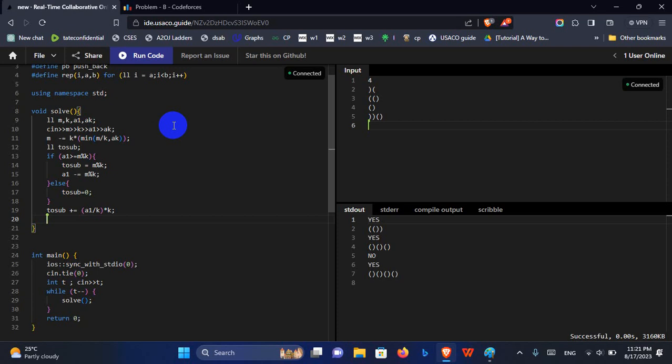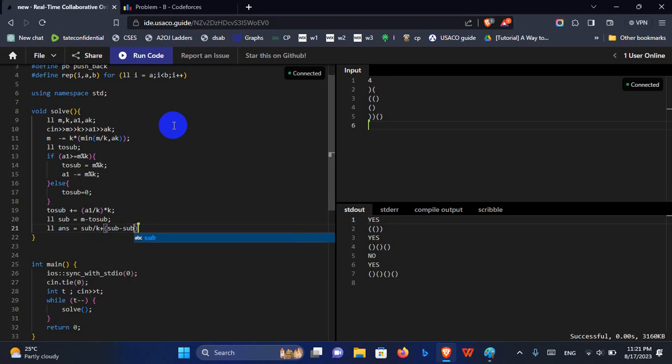So our long subtracted version, let's call it sub for short. Subtracted version would be m minus to subtract, and our answer would be subtract divided by k plus subtract minus subtract divided by k times k.